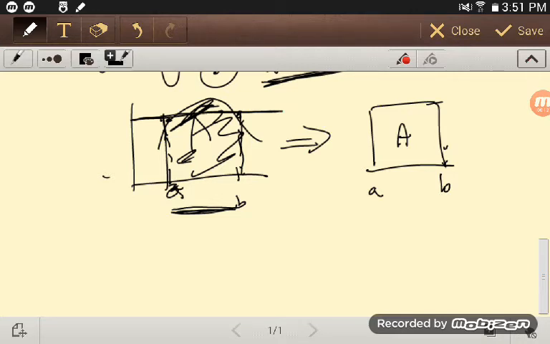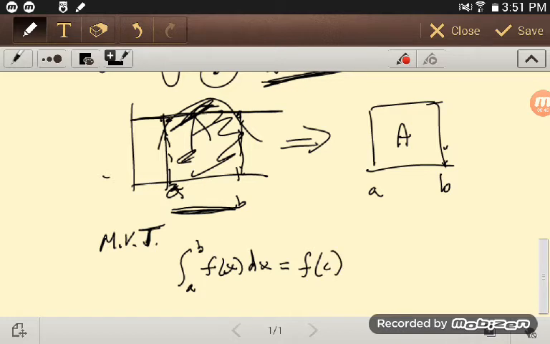The mean value theorem, MVT, simply says that if we take the integral from a to b of f of x dx, we should be able to find a value of f, where c is between a and b, such that this is true.